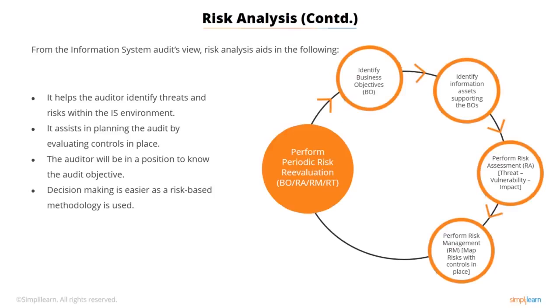The second question is, assuming there is a control in place for that risk, does it adequately mitigate the risk? Does it bring the risk down to a level that's tolerable? Once you've done that, now we can do risk treatment. Let's look at those risks that are not mitigated by existing controls, or at least the existing controls don't adequately mitigate it.